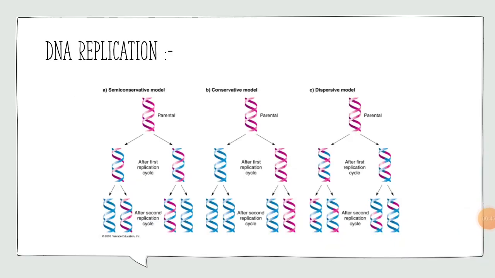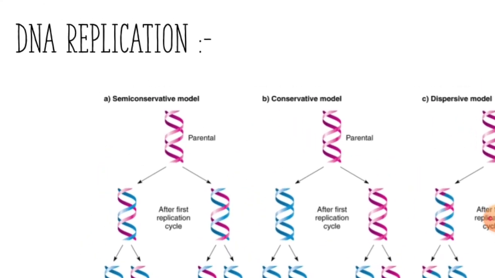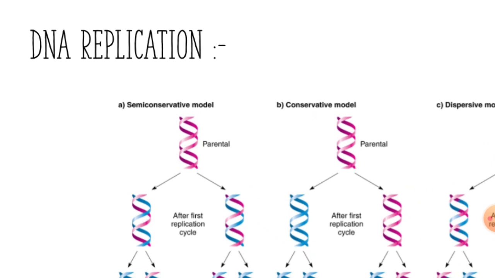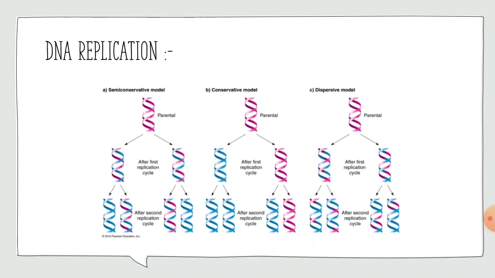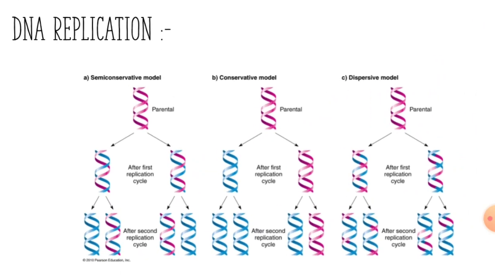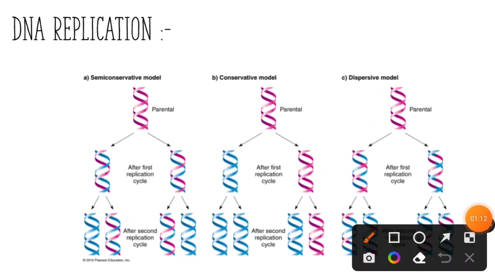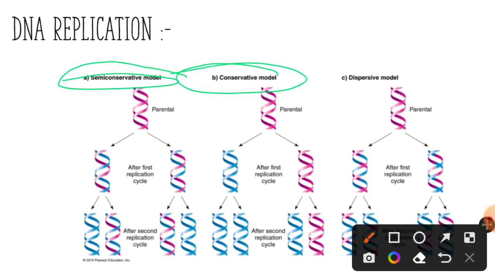There was a confusion about what type of model DNA replication follows, or how the DNA replicates, because we already know that DNA is a double stranded helix, and DNA undergoes replication. But there was a confusion about how they perform the replication, whether it is a semi-conservative model, a conservative model or a dispersive model.